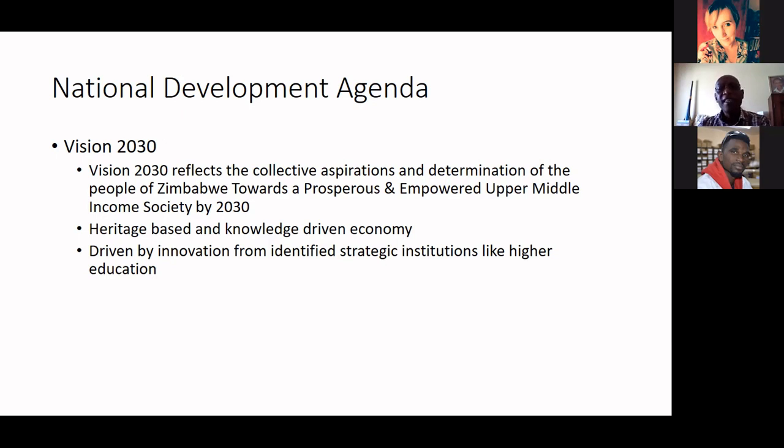And this development is also supposed to be driven by innovations, which are supposed to come from the identified strategic institutions, like institutions of higher learning, our universities. So in terms of planning, you can look at the global, regional, and even national policies, which again recognize issues of heritage, including archaeology.